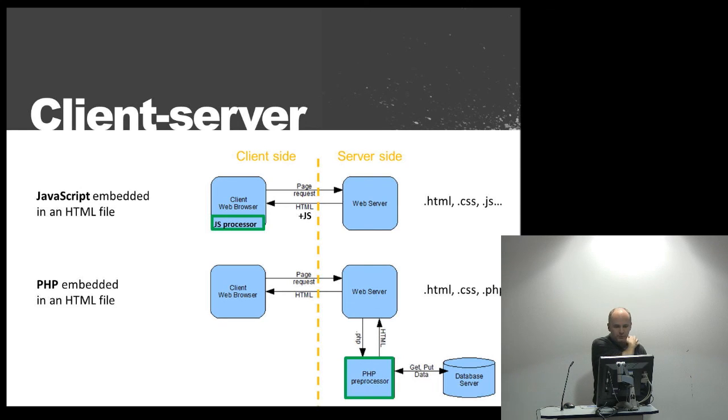It's in opposition to PHP, where your browser doesn't understand PHP, so the web server takes the PHP information, a PHP preprocessor processes it and formats it into HTML and sends it back to you. And your browser obviously understands HTML.